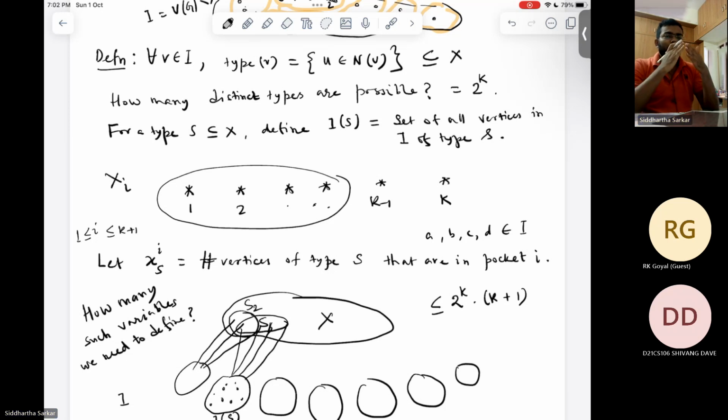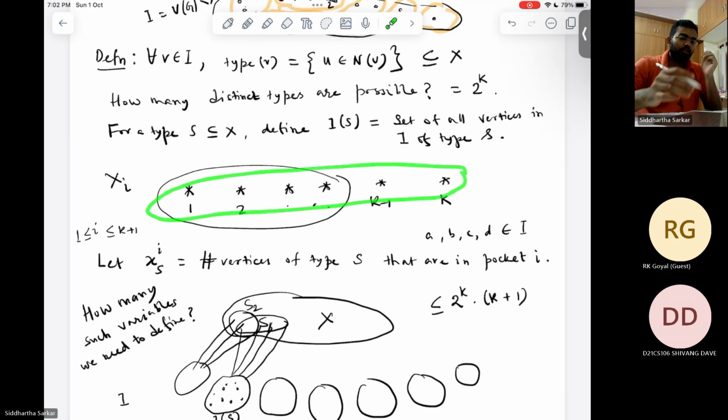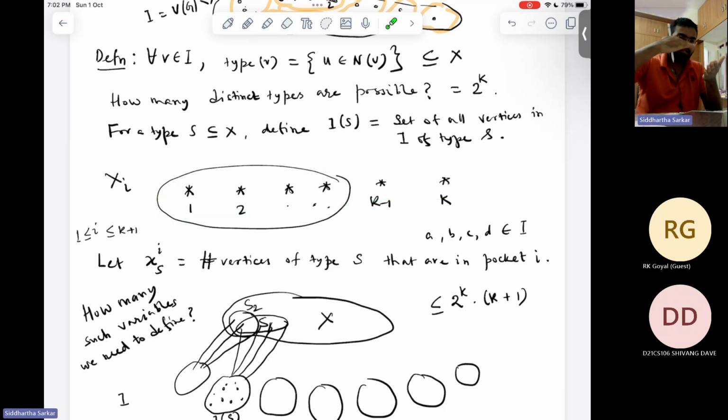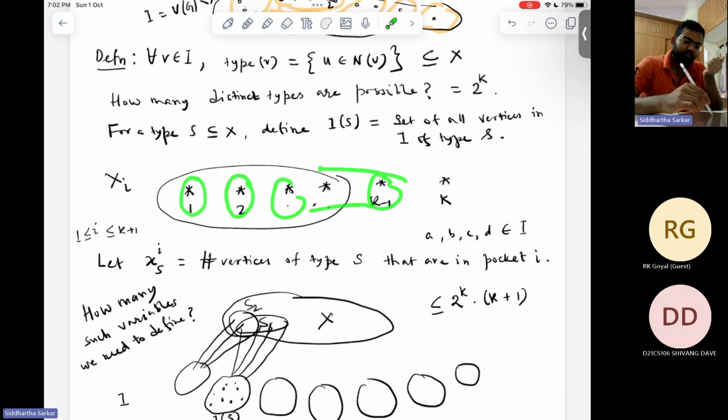That means out of the k vertices of the vertex cover, the i vertices that have received the smallest labeling: the vertex that has received the smallest labeling, the second smallest vertex, like that, the ith smallest vertex. All these vertices together, we call it X_i.